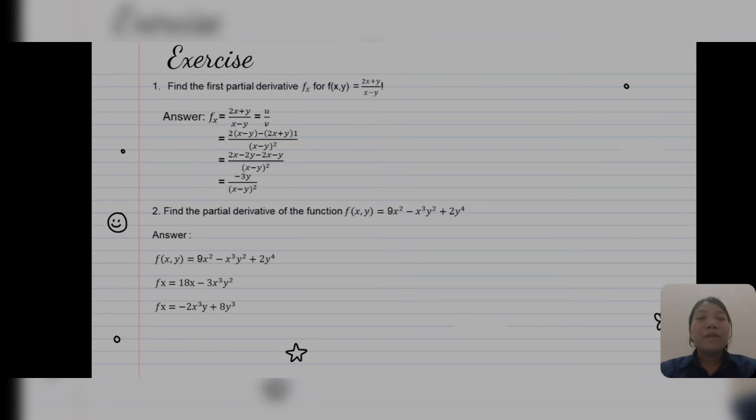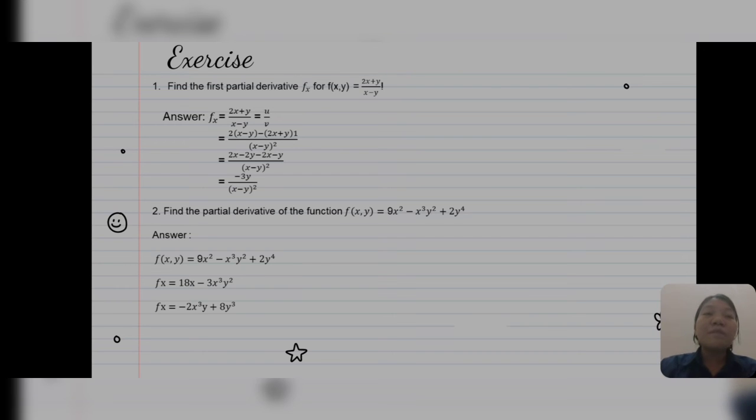And then we substitute all of this to the formula, that is 2(x minus y) minus (2x plus y) times 1 per (x minus y) squared.